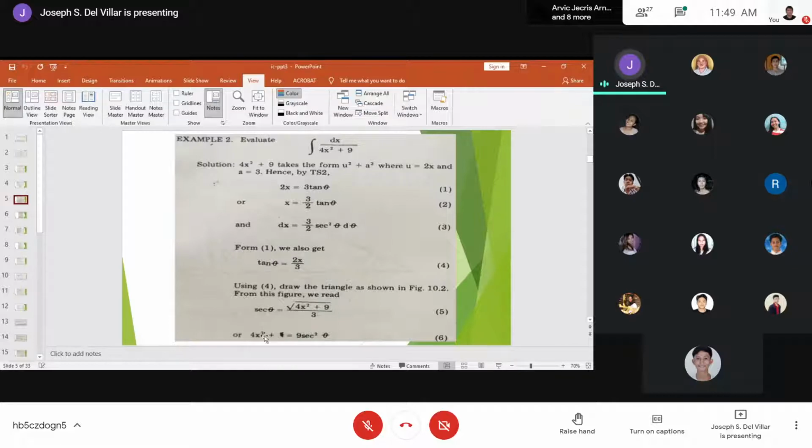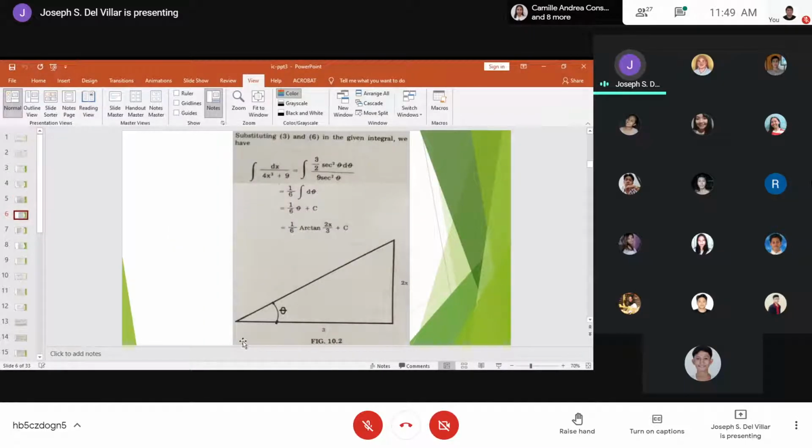Secant is 1 over cosine, right? So it's just the reciprocal of cosine. If you go back to the right triangle, the cosine is 3 divided by the hypotenuse, which is 3 divided by the square root of 4x squared plus 9. So if the cosine is 3 divided by the hypotenuse, the secant is the hypotenuse divided by 3.